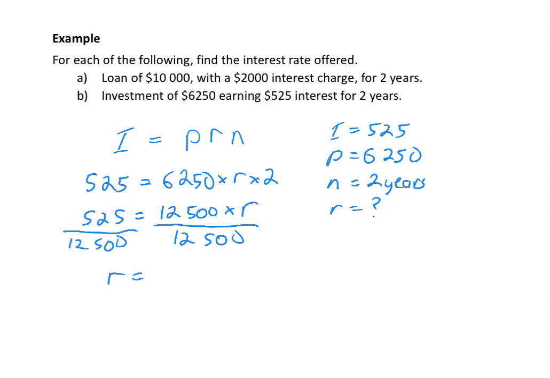So my interest rate is going to equal 525 divided by 12,500. So my rate is going to equal 0.042 or 4.2%.